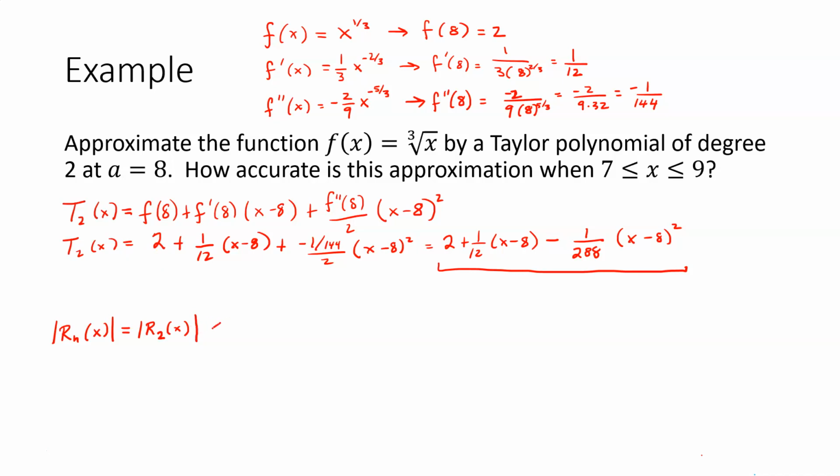And we know this will be less than or equal to m over 3 factorial times the absolute value of x minus 8 to the power of 3, where m is an upper bound of the third derivative for x in this particular range here.